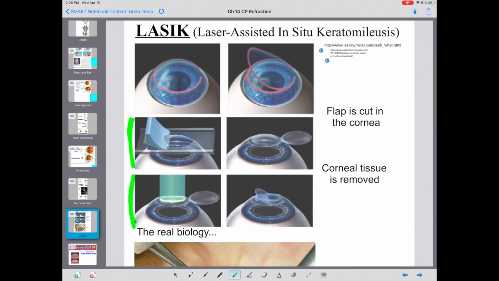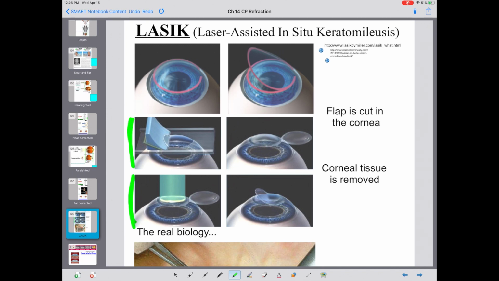They use a laser to then be able to re-sculpt the shape. So they are using that laser to pulse, to burn off tissue and remove that tissue to change the curvature, to change the thickness of that lens cornea system so that it is an accurate shape and focal length for the distance between your lens cornea system and your retina.